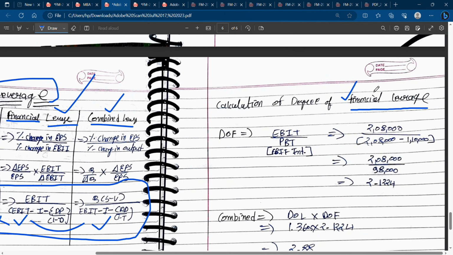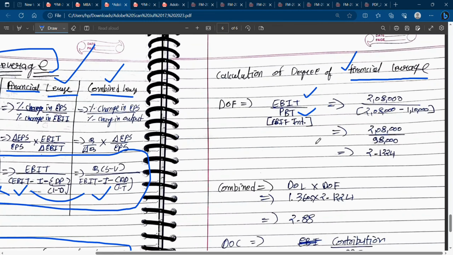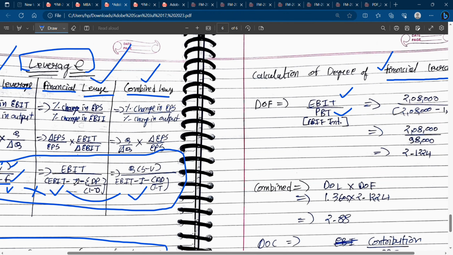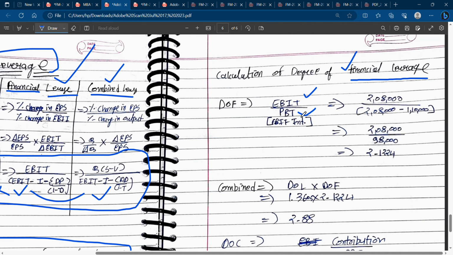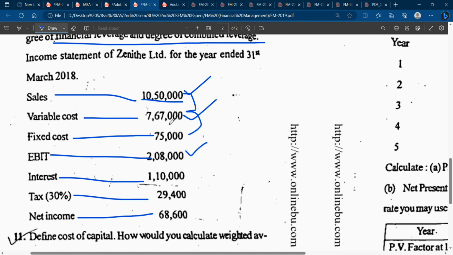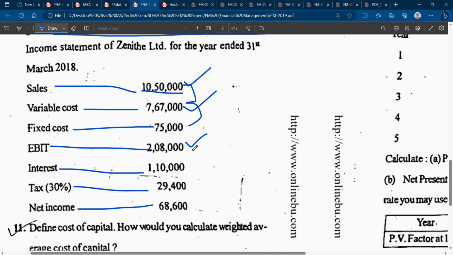Now let's calculate financial leverage. The formula for financial leverage is EBIT upon profit before tax. The formula can also be used as EBIT minus interest minus dividend payment upon 1 minus tax rate. But here profit before tax is given, so we will put that amount directly. Here we have EBIT.